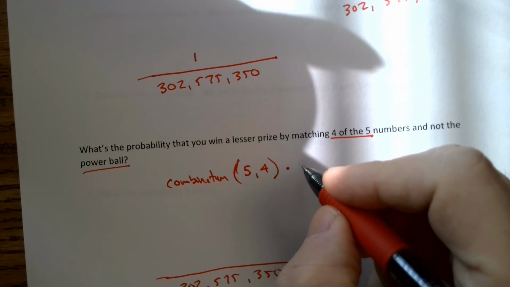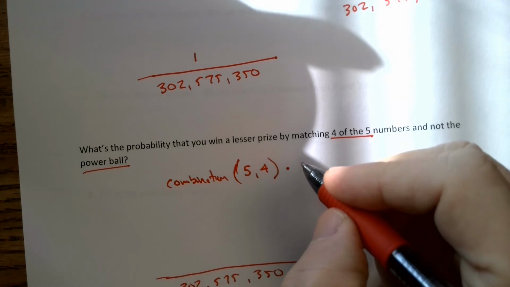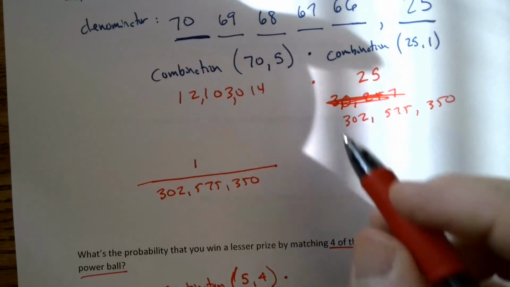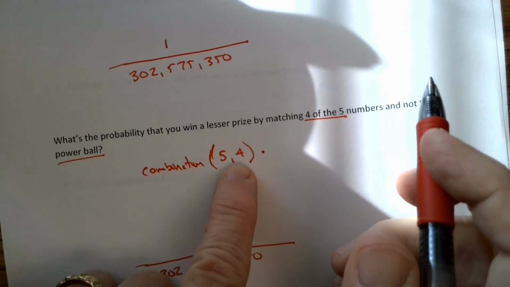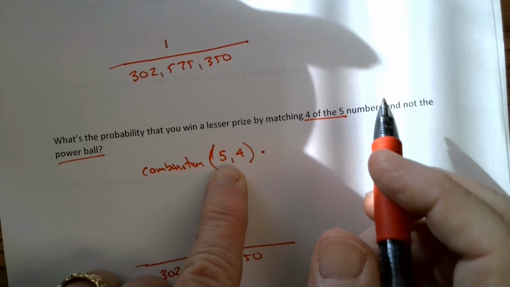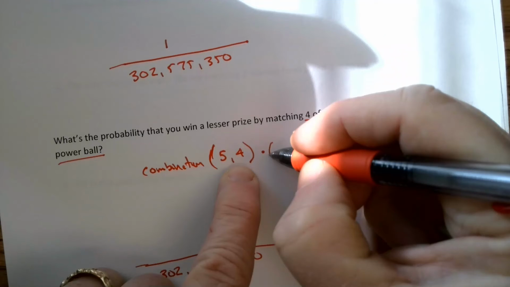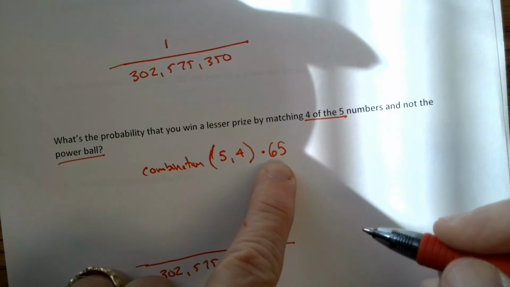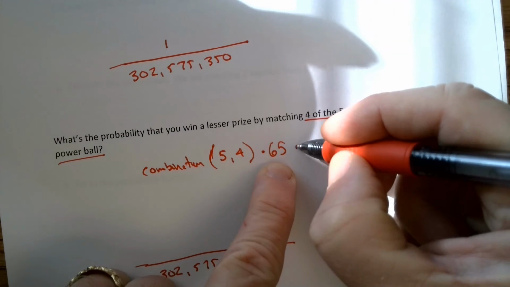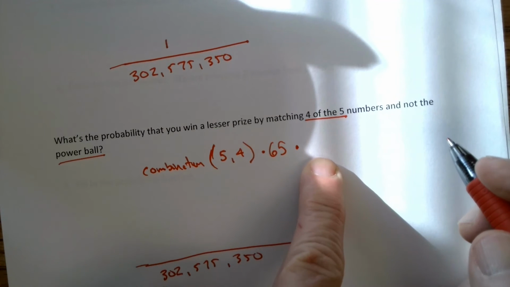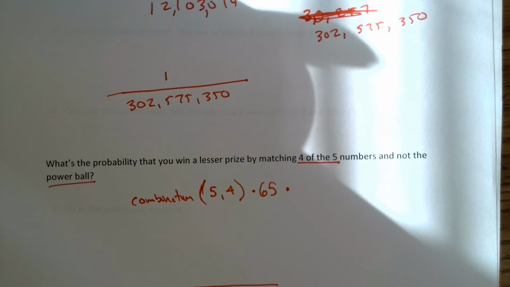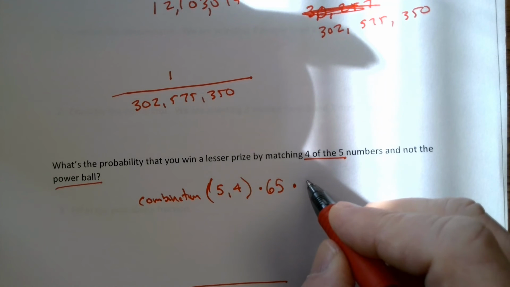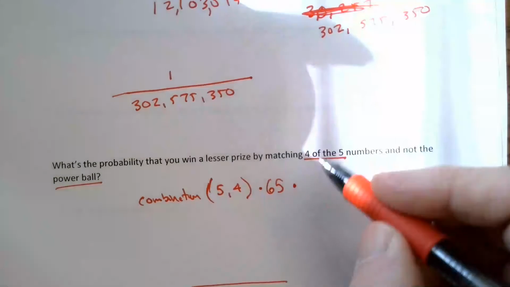I need one of those 65 wrong numbers. There's 70 numbers, 5 of them are right. I need to get 4 of them out of that 5, and then I need to get one wrong one. And then I need to pick one wrong one from the 24 that are wrong of the Powerball.